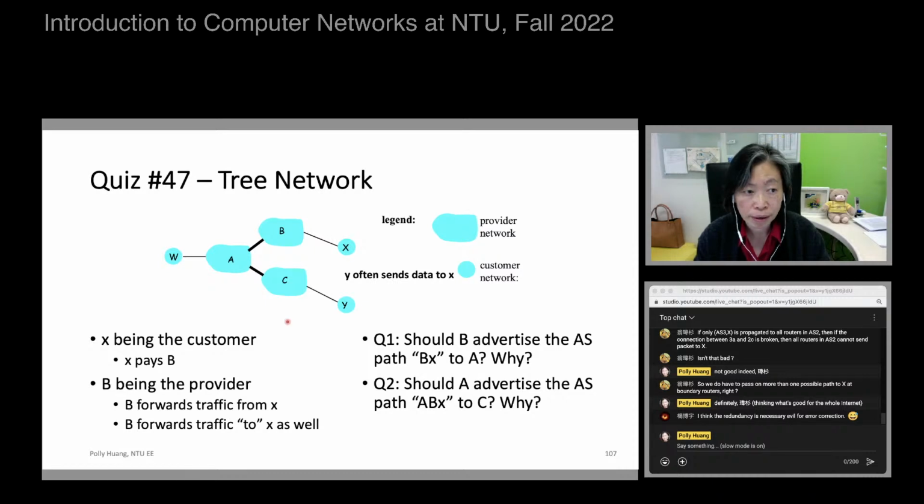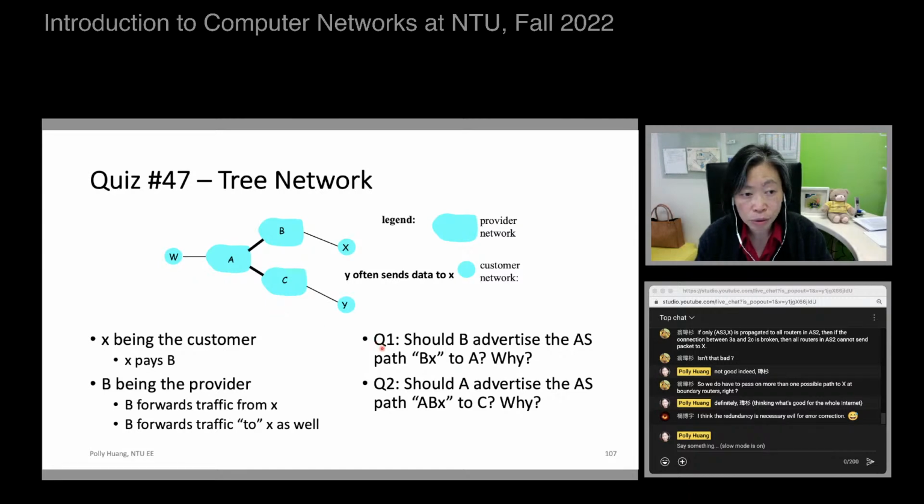X is the customer of B, so X pays B, B being the provider, and in exchange for that money, forwards traffic for X. You might notice that this network is different from the examples in the video: there's no connection between B and C. So this is a tree network.